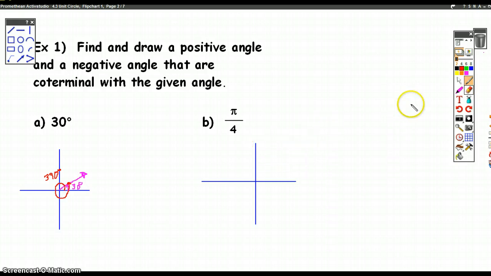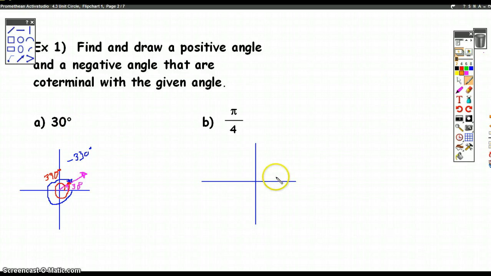Basically just add 360. And in the negative direction, I could start here and go all the way around, except for that last 30 part to get back here. So I went negative 330 degrees. So 390 and negative 330 degrees are coterminal. Really all you need to think about is if you add 360 degrees or subtract 360 degrees, you'll get a coterminal angle.